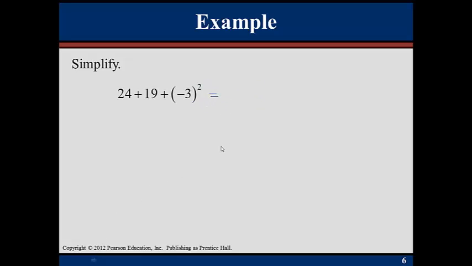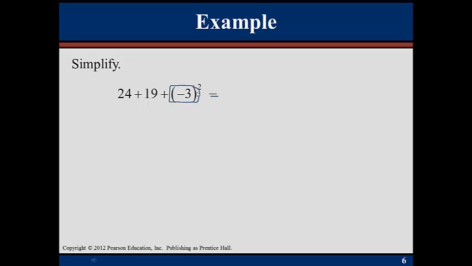Another example. This time we have 24 plus 19 plus -3 squared. And remember, we're doing our order of operations. So the first thing we're going to do is parentheses. We look inside the parentheses and we have a single number, and it's -3. So we move on, and the next is exponents. So the exponent is 2, it's being squared, but who is being squared? Everything inside the parentheses is being squared.